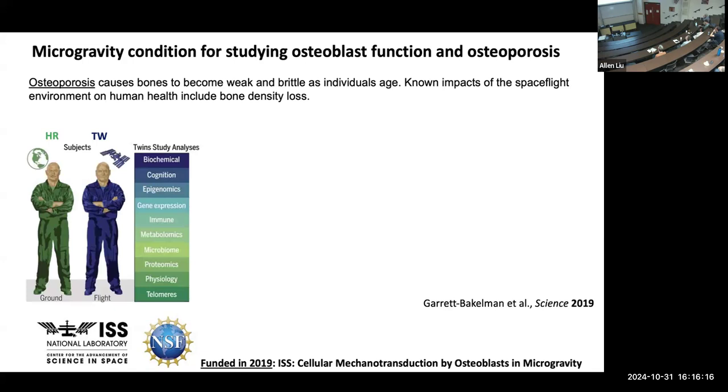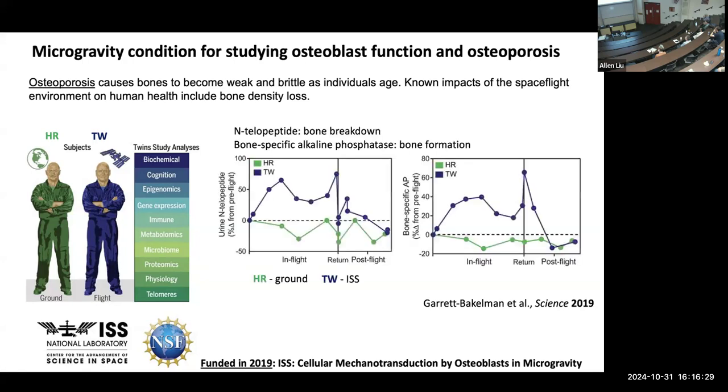And I know some of you know this: Mark Kelly is, I guess, local to Arizona. There was a paper published in 2019 that studied this twin astronaut study, where his twin brother was up in the ISS. They came back and did a whole bunch of metabolic and biology measurements, and I only highlighted one.